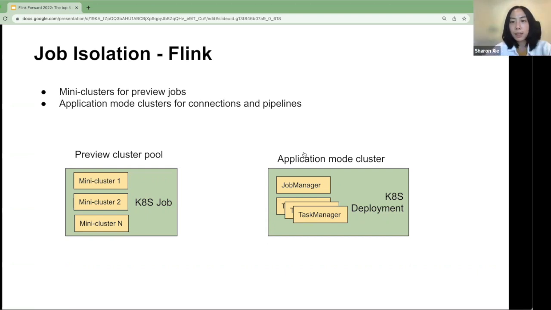On the right side, we use application mode clusters for our connections and pipelines jobs. Each application mode cluster has a dedicated job manager that's responsible for a particular Flink job. There's no sharing of job managers between different Flink jobs, as compared to the so-called session mode cluster deployment.